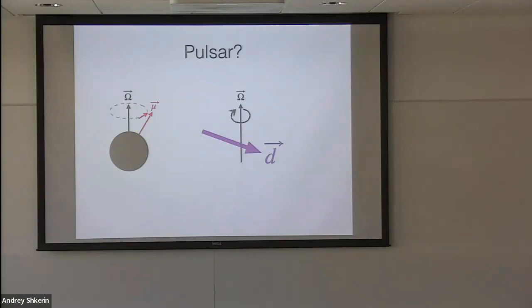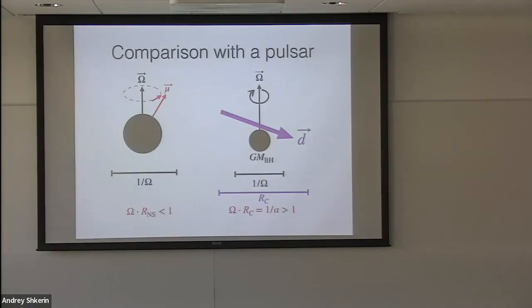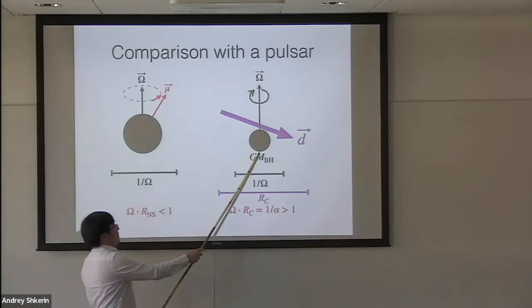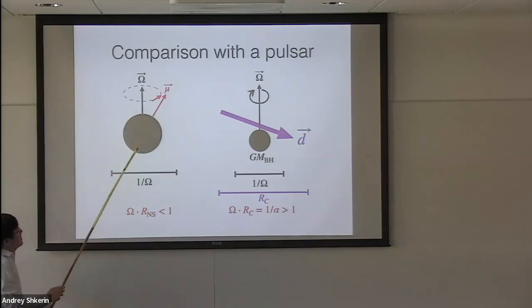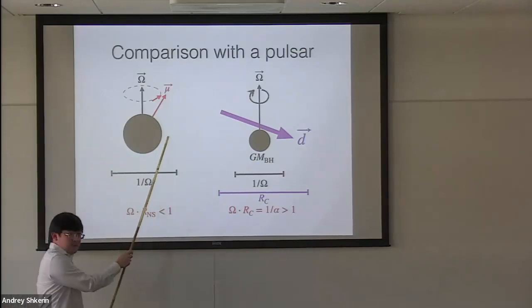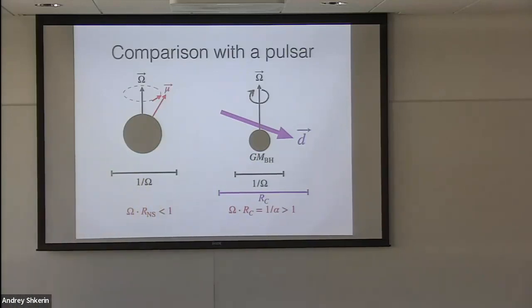And that's when we thought we were done until we encountered this problem. As I told you, I'm going to come back to this plot, and now I'm coming back. On the left-hand side, we have a little pulsar, where this is the size of the neutron star, and 1 over omega, the rotation frequency, is the size of the light cylinder. In the case of the neutron star, omega times r is smaller than 1 because the surface of the neutron star cannot rotate that fast.